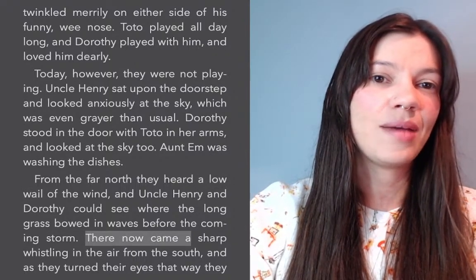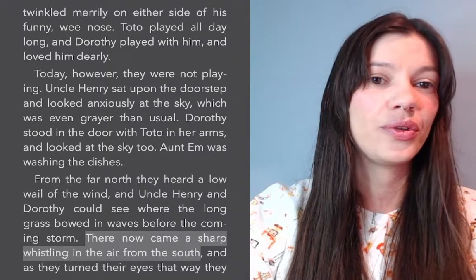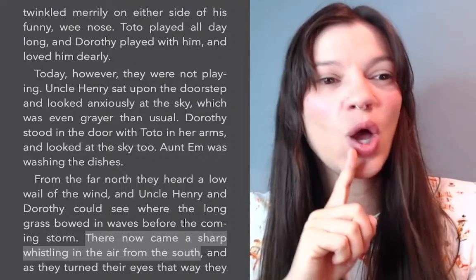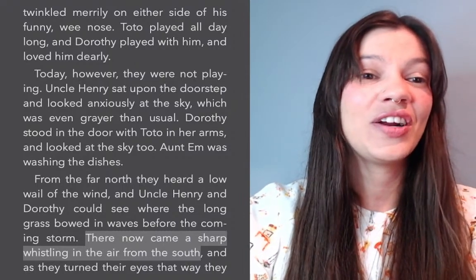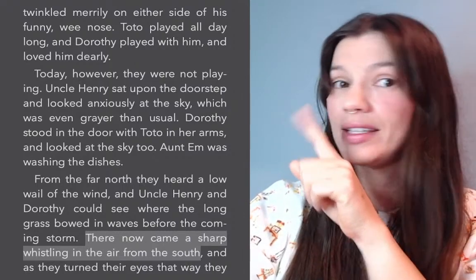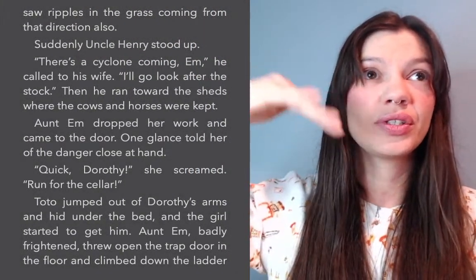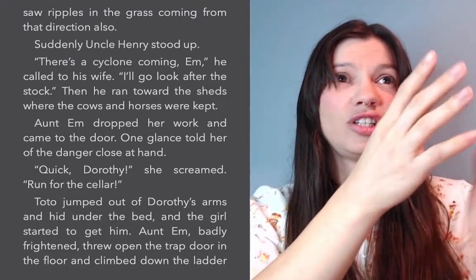There now came a sharp whistling in the air from the south. Whistling. I can't whistle. And as they turned their eyes that way, they saw ripples in the grass coming from that direction also.